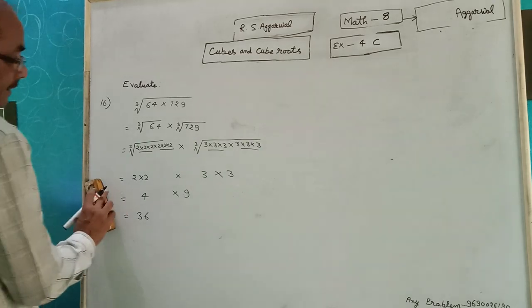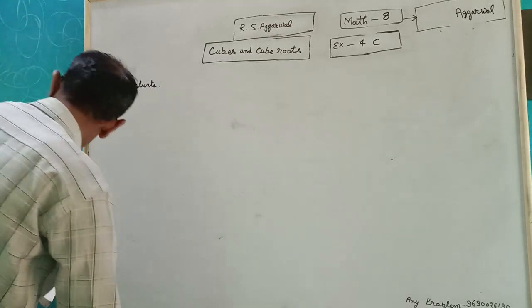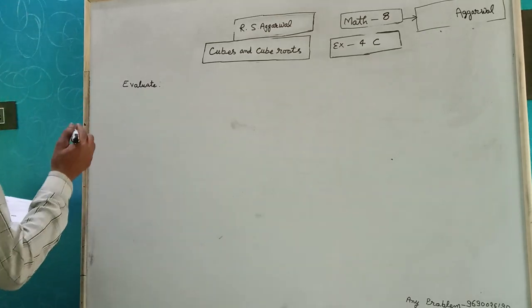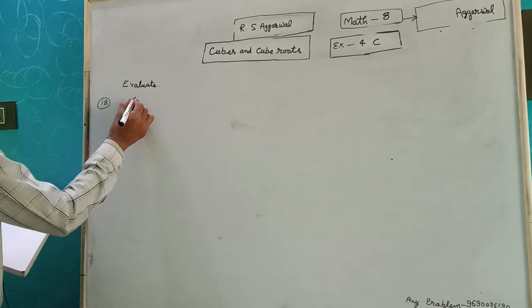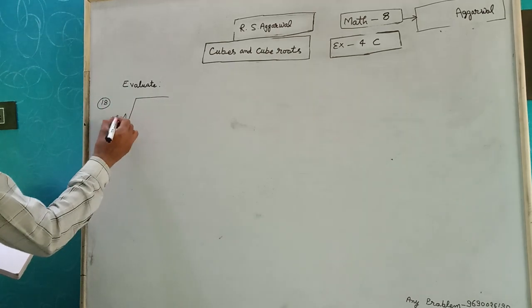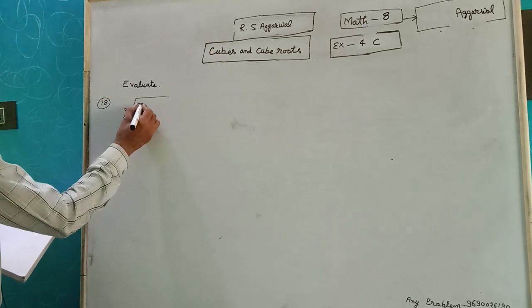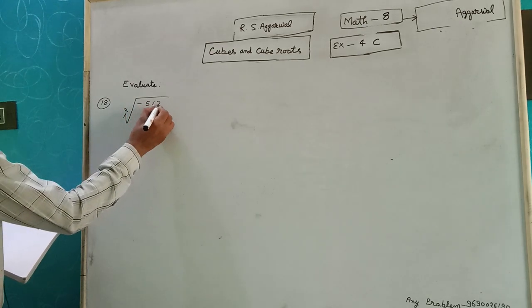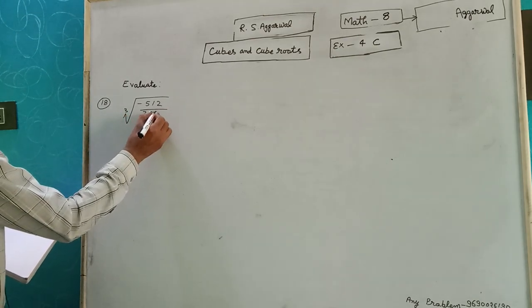Question number 17. 17 is minus, put the 18 question is minus 512 upon 343.